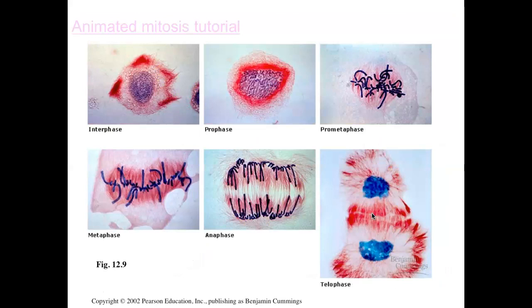All right, so let's look at some pictures of mitosis in an animal cell. So here we have interphase. I know this is interphase because I don't see distinct chromosomes in my nucleus. In prophase and prometaphase, remember I'm grouping these two together, the hallmark difference between interphase and prophase is that I can see distinct units.